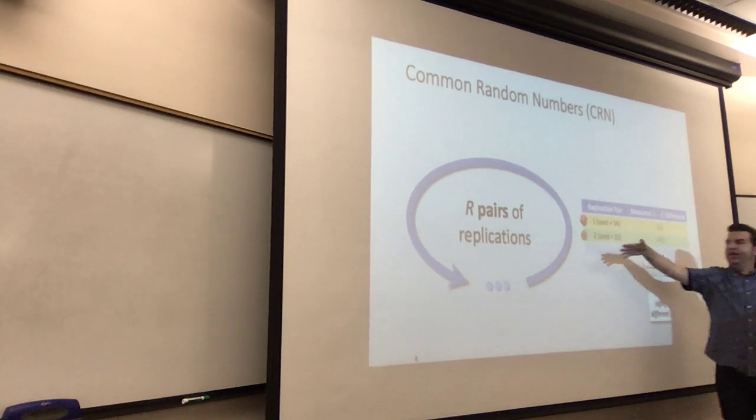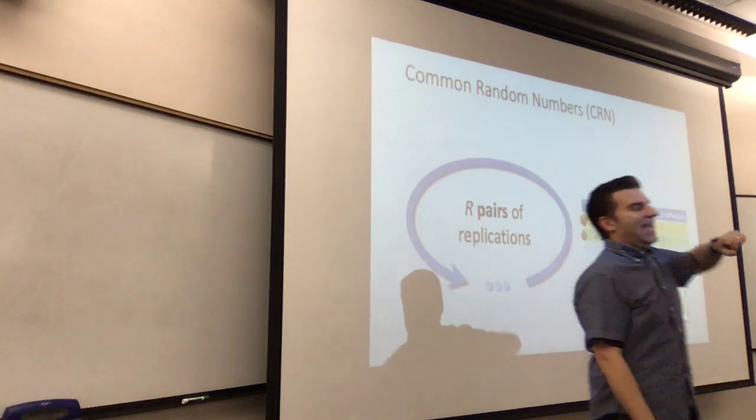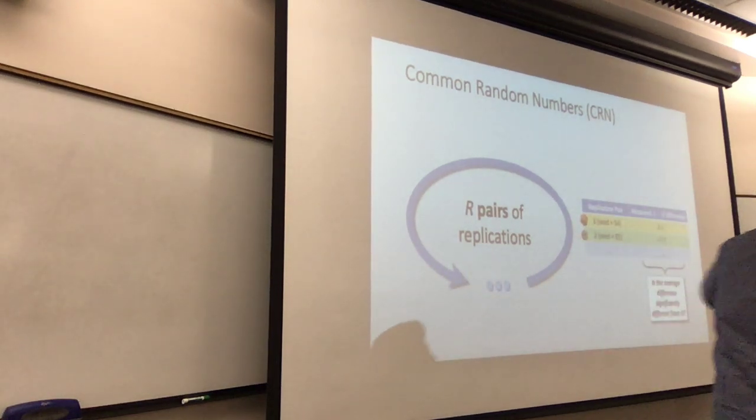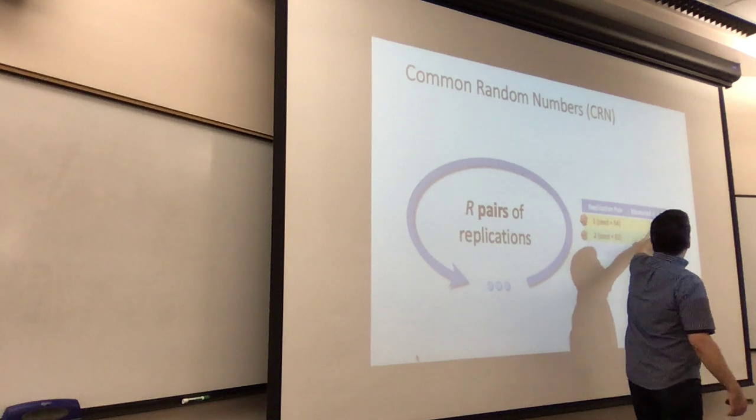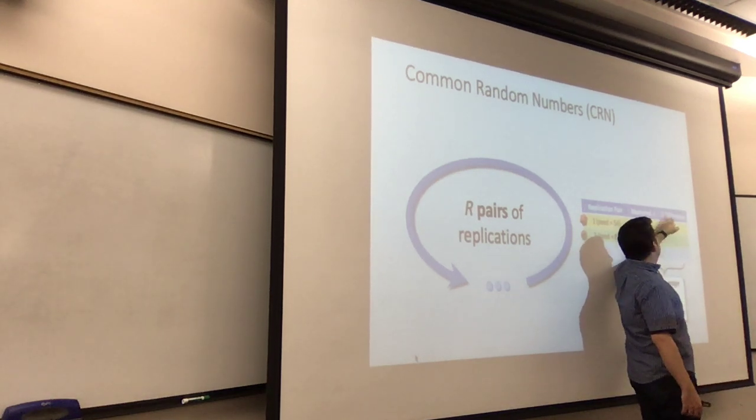The downside of common random numbers is that I kind of am locked into an even number of replications. I have to run the simulator twice. But I could generate all the numbers once and then save them and then use them the second time around.